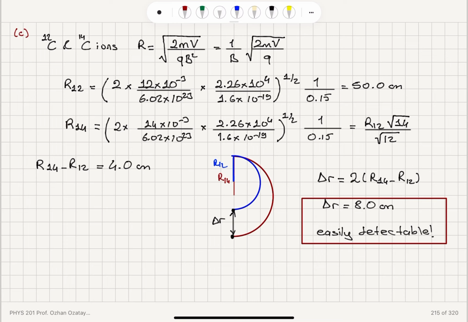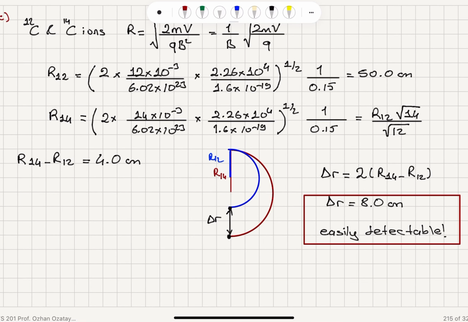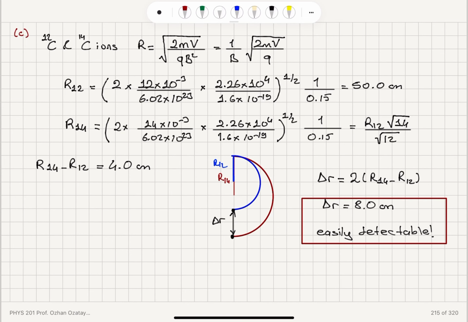For R14, from this expression, I see that it's 50 times the square root of 14 divided by the square root of 12. That's the only difference between the two radii. So the difference between them is 4 centimeters. But the difference on the detector side is the difference between their diameters, which is 8 centimeters, and that can be easily detected. So these ions can be distinguished easily.